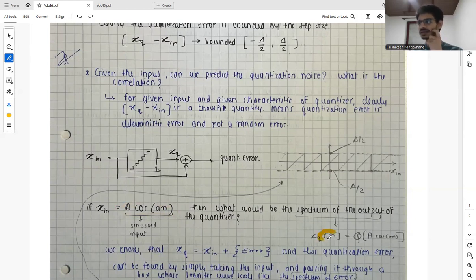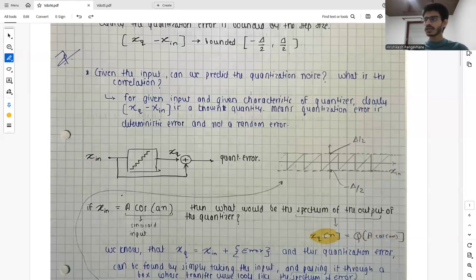I'm saying that if xq is the output, which is a sequence again, coming from quantization, then we have xq, which is a quantized sequence coming from quantizing a sinusoidal sequence, which is x of n.